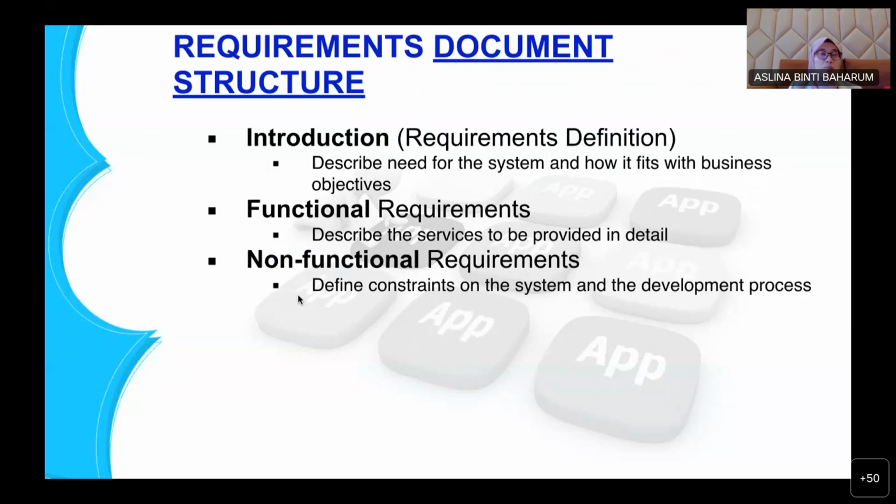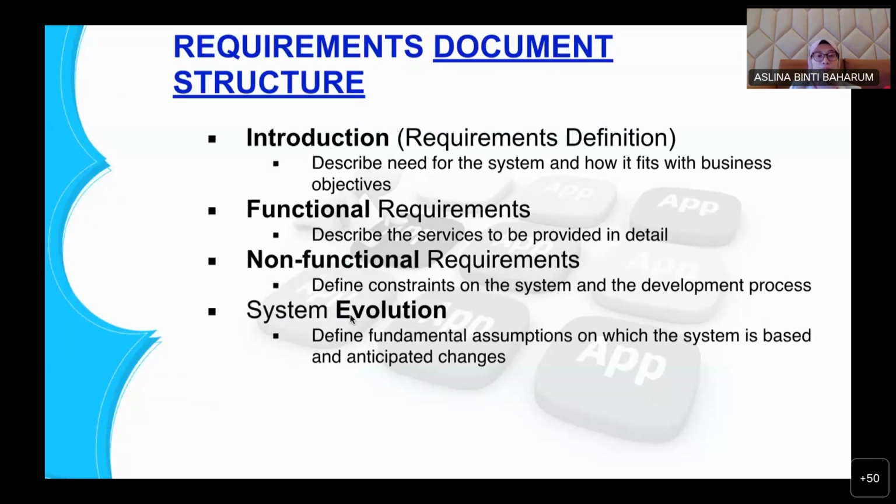It can come with your modules and so on. Non-functional requirements define constraints on the system. Okay, you are proposing a system that improves the efficiency of the company, and so on. System evaluation includes the business level, user level, and also product level. And lastly, the glossary.